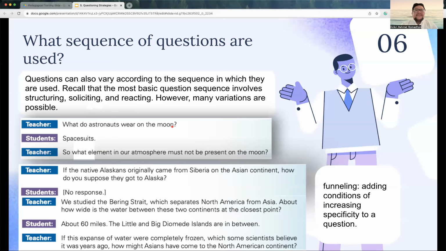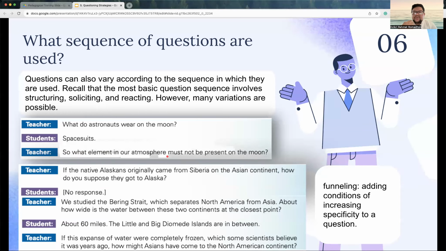So this question will focus the student on why astronauts use spacesuits. Why can be like at the Earth? Because on the Earth we can breathe the oxygen in the atmosphere. So on the moon, we have to wear a spacesuit, and the oxygen is provided in the spacesuit.